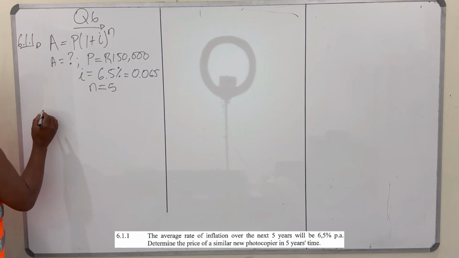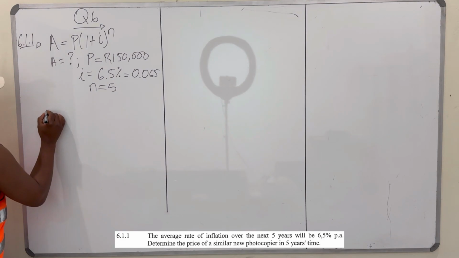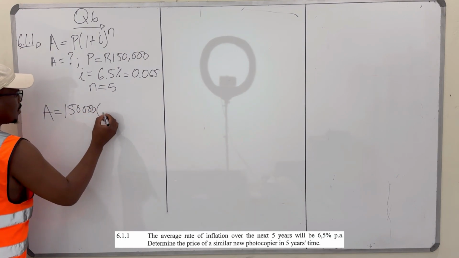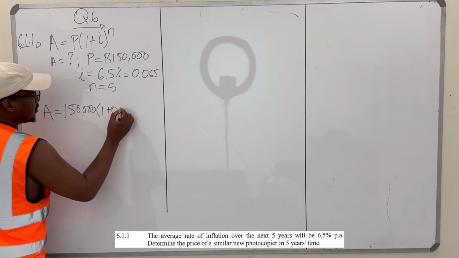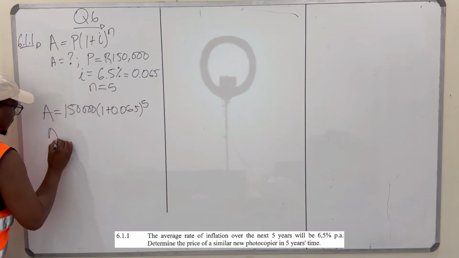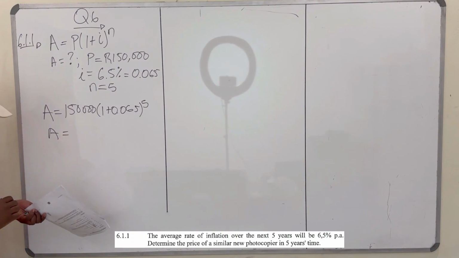So you want the amount of the new machine. Your A will be 150,000 times (1 plus 0.065) to the power 5. The cost of the new machine will be the answer of this.